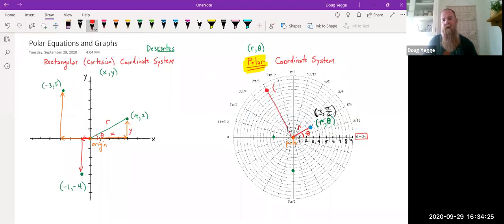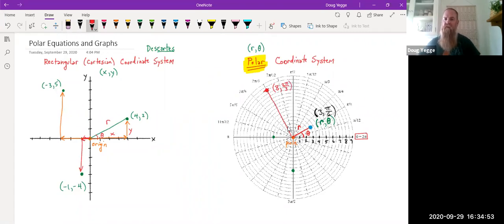So I would rotate 2 pi over 3 units and then walk out however far that radius is. And therefore, that radius is going to be at 8 units away, 2 concentric circles before the end, which you can see over here. And therefore, my point would be the point 8, 2 pi over 3.